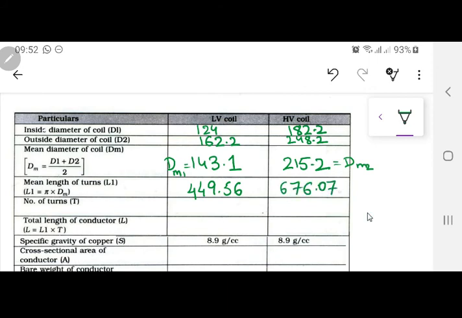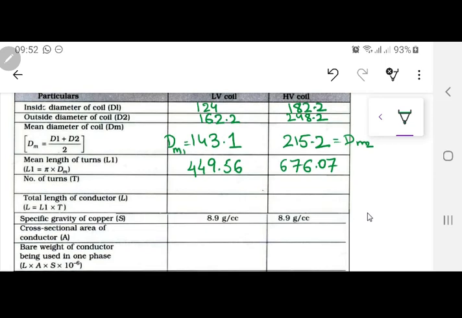So this is our millimeter on number of turns, please. What was the number of turns on low voltage coil? Go back on your data, please.